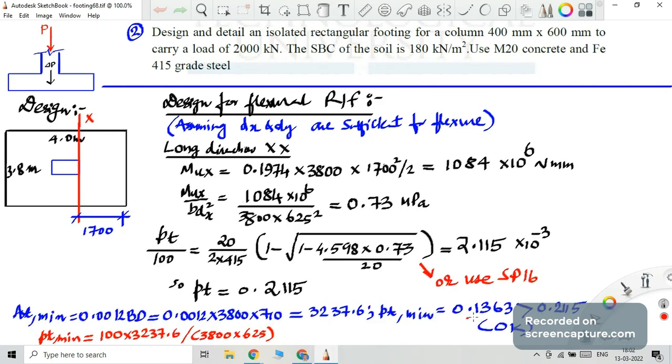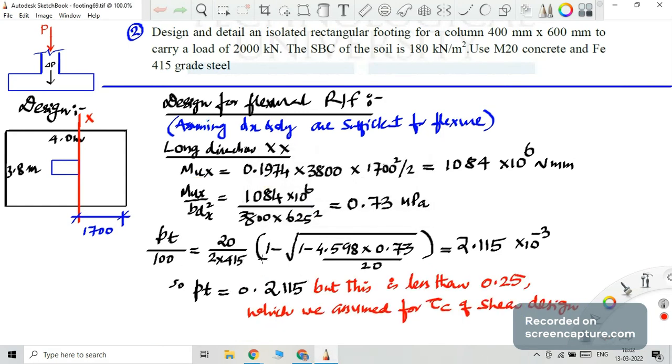So 0.1363 is the code requirement, minimum PT, but our requirement is 0.2115 from the Mu x value.